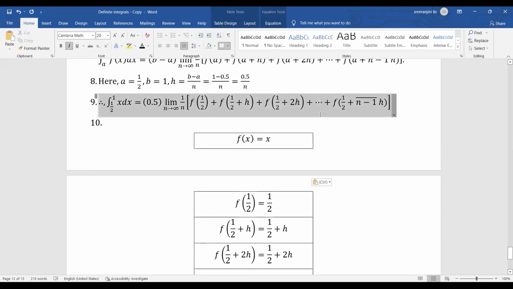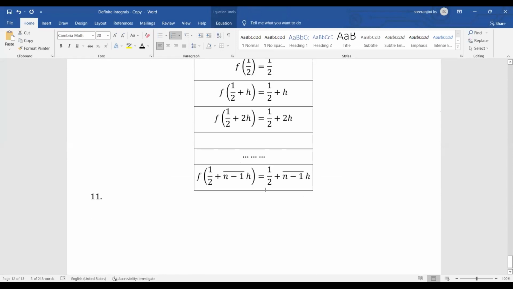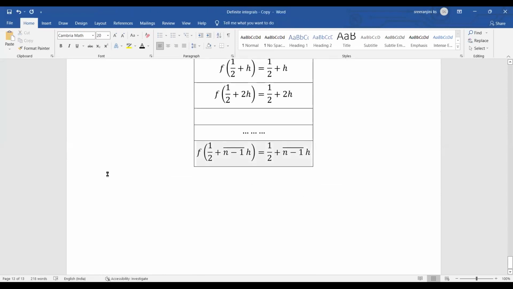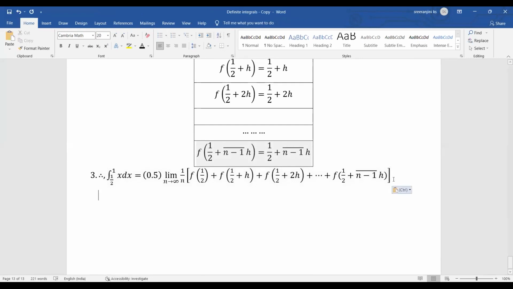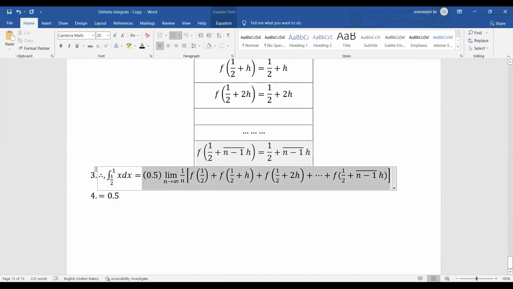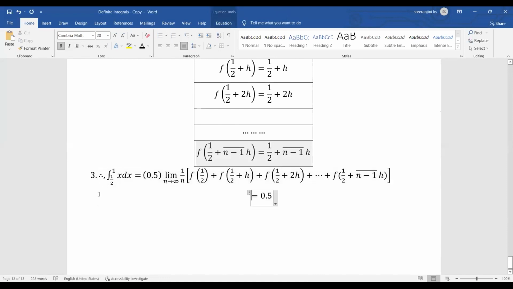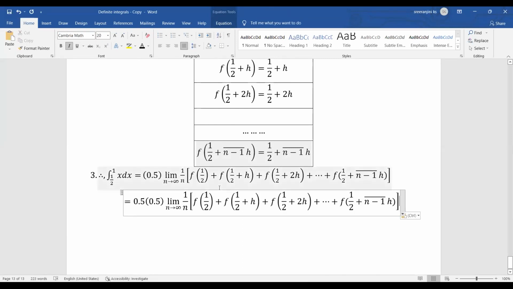Now coming to this part, I'm substituting the values. 0.5 into limit, f of 1/2.